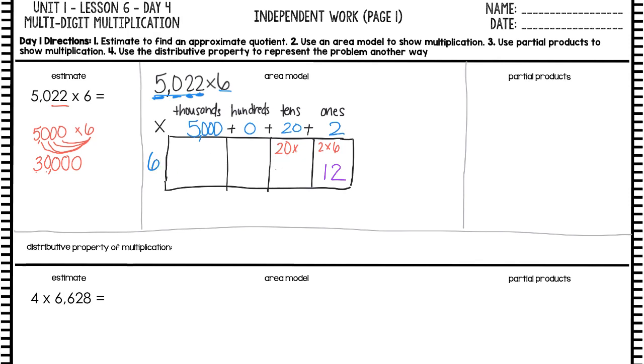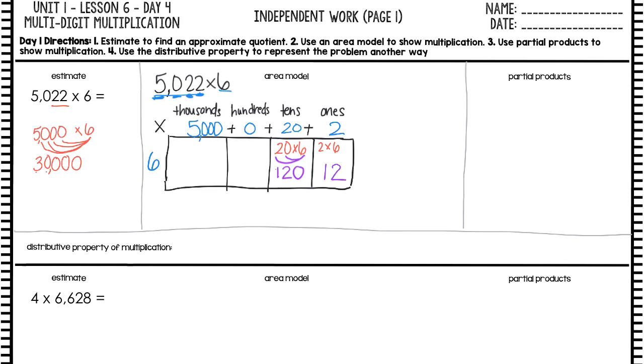So 6 goes here. Then I will say, okay, I know 6 times 0 is 0. That goes in my ones place. And 6 times 2 is 12. So that's 20 times 6 is 120.